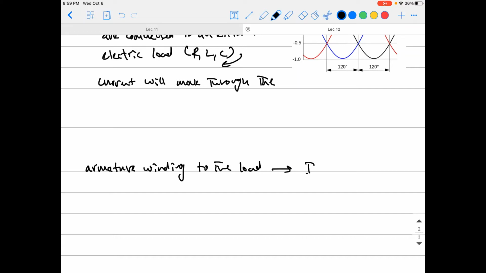Also, the current of the armature will be three-phase sinusoidal. You get the idea. You have three-phase AC voltage applied to a three-phase load. You will have three-phase current, like we said before when we talked about three-phase connections, three-phase circuits at the very start of the course.